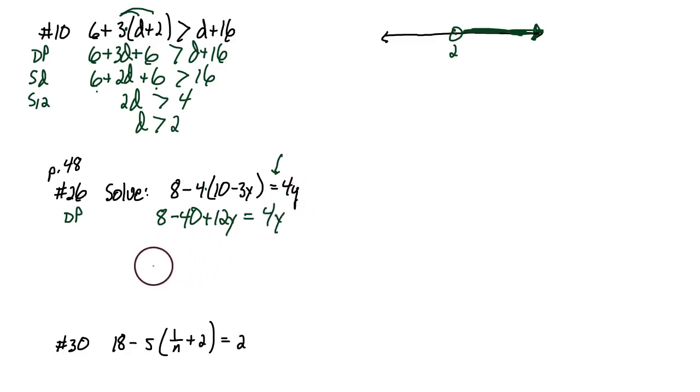What's the next thing you notice as you analyze across the problem? You might notice that the 8 minus 40 can be combined into a single number. Or you might notice that the letter y is on both sides. What you choose to do might vary from what I choose to do. I'm going to combine like terms next. 8 minus 40 is negative 32.